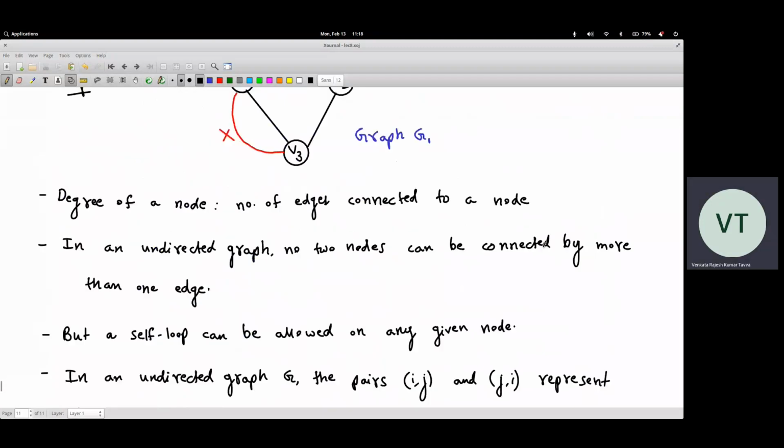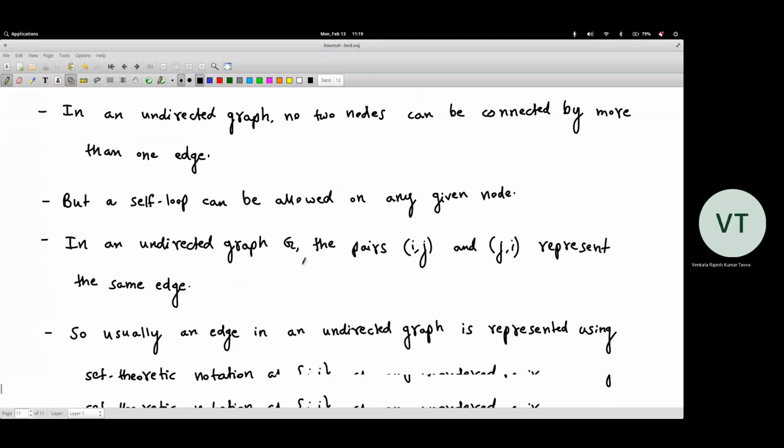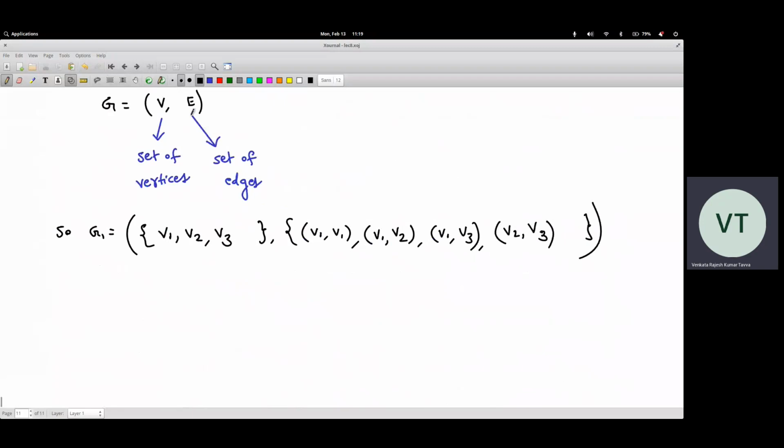It is connected to V1 and V2. So normally we should write V3, V1 and V3, V2, but those are already covered in V1, V3 and V2, V3. So nothing new. That's it. So we are done. All right. So this is the list of nodes and edges.